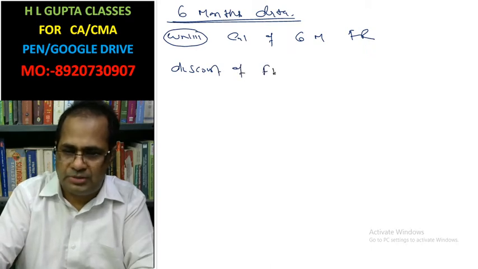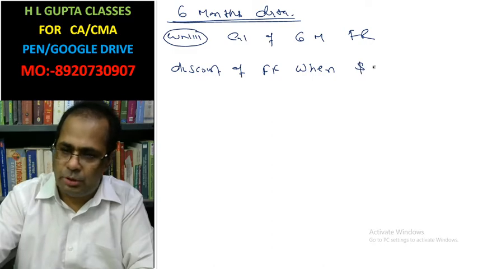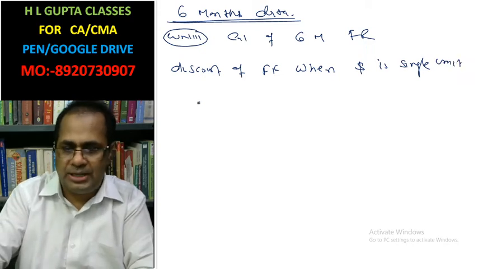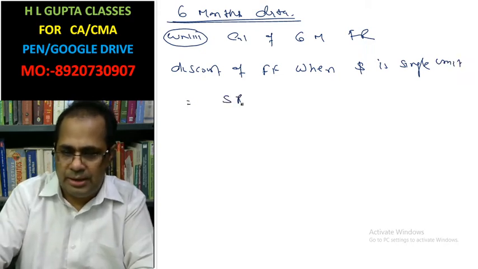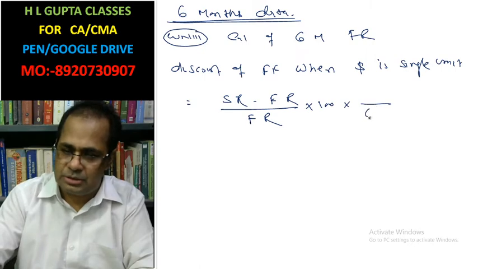Discount of French franc when dollar is the single unit. What is the formula in this case? Spot rate minus forward rate upon forward rate into 100. This is for 6 months.